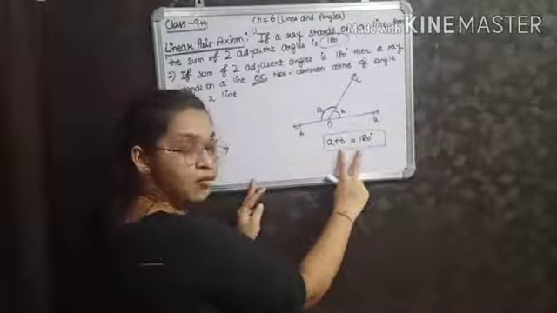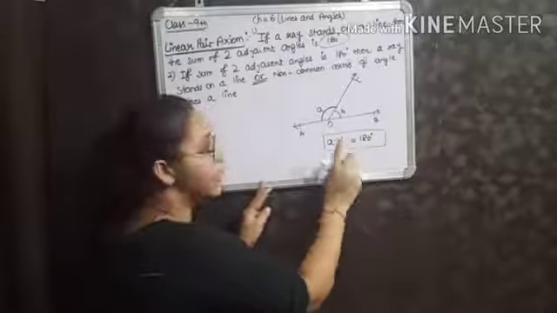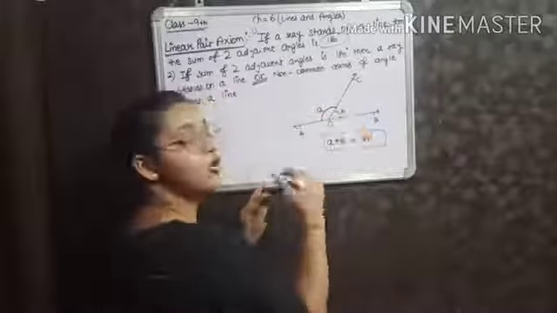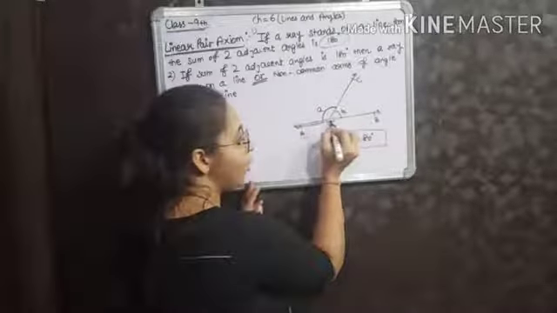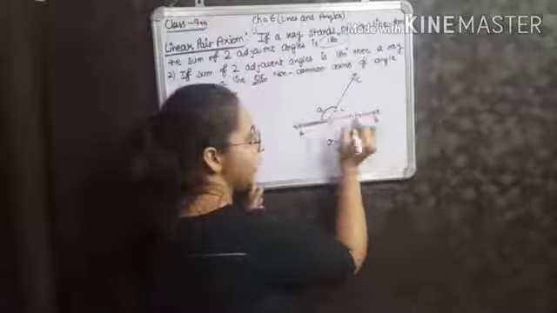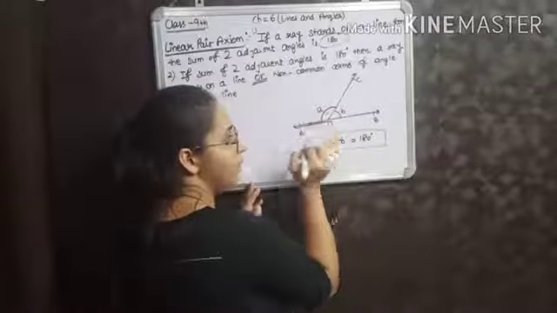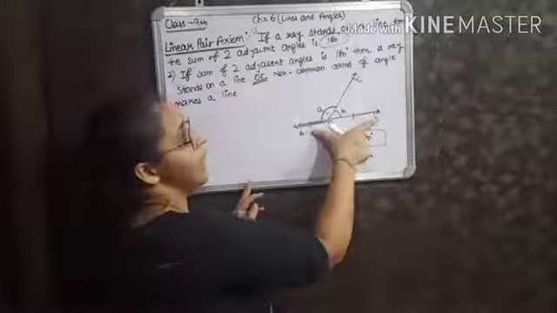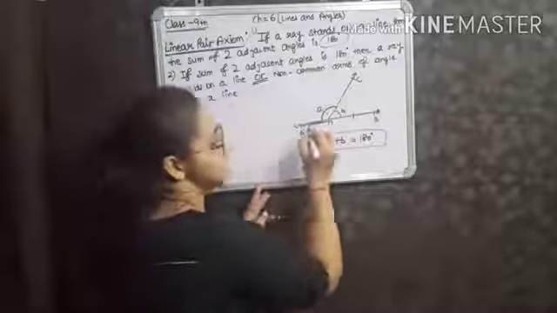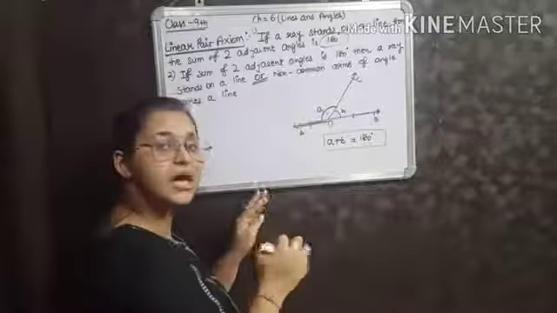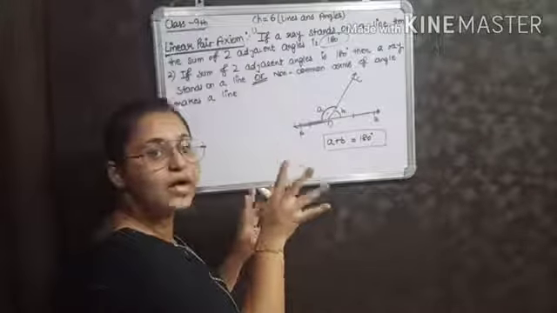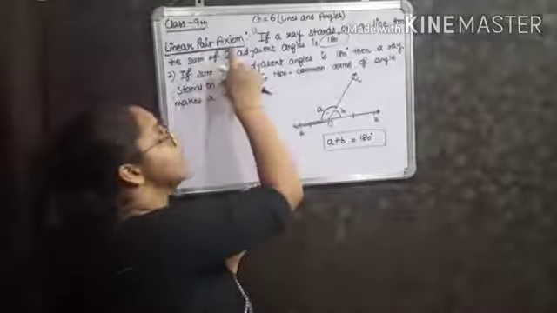Now we have the sum of angles as 180 degree, and this ray will stand on a line, or we can say that the non-common arms of the angles, this angle's non-common arm, this angle's non-common arm, make a line. It means AB is a line. These two axioms together are known as linear pair axiom.